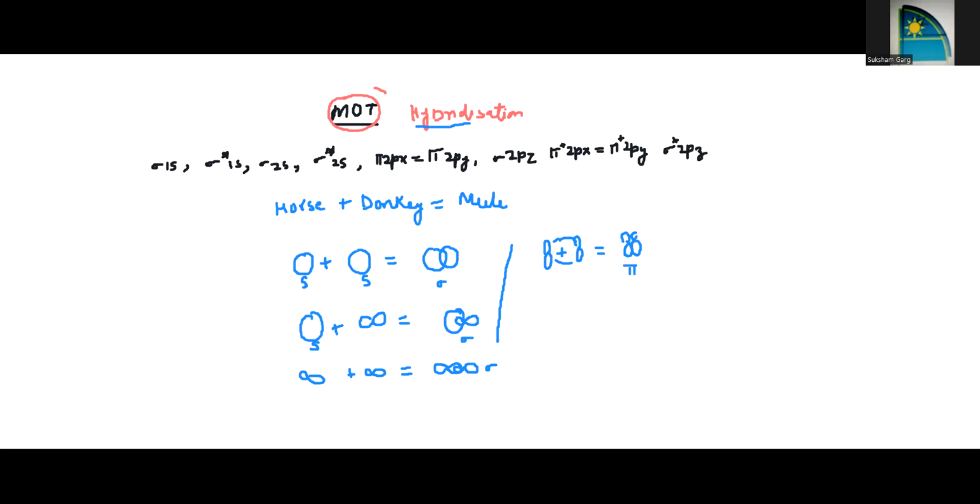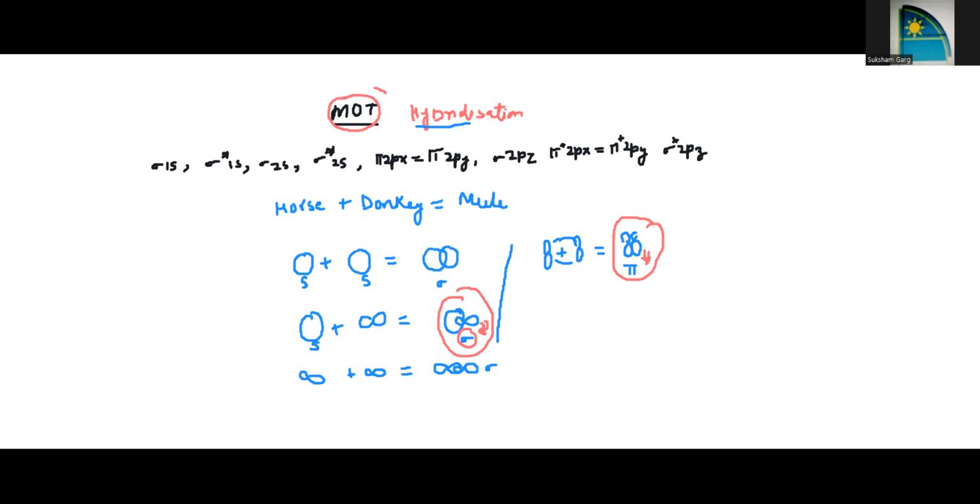In fact, we can notice that it gives a lot of the appearance of the letter pi. You can see it very clearly. And the bonding of an s orbital with a p orbital looks a lot like a sigma bond. Now, coming back to molecular orbital theory.